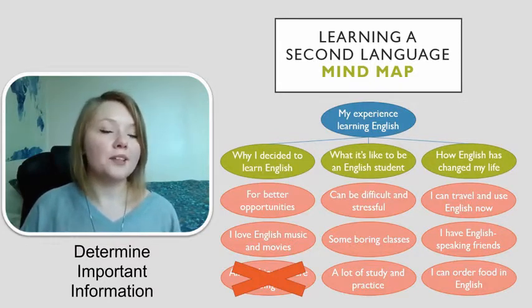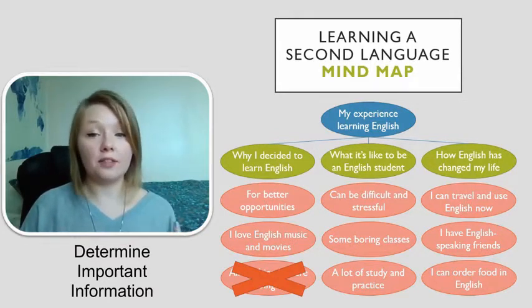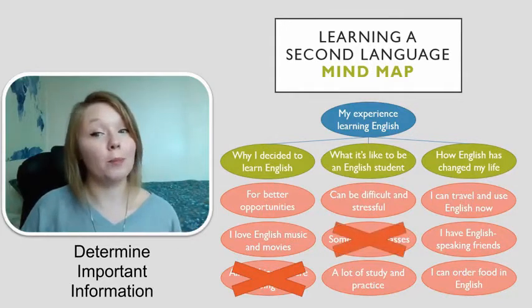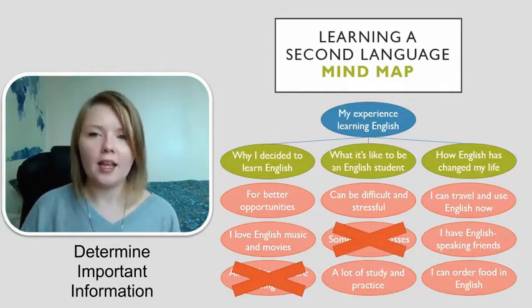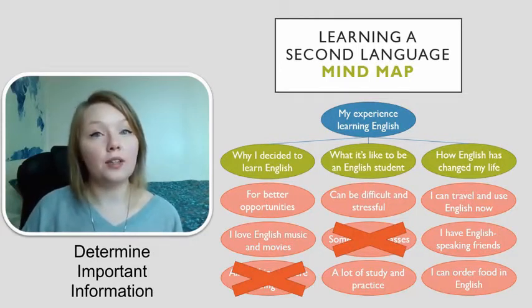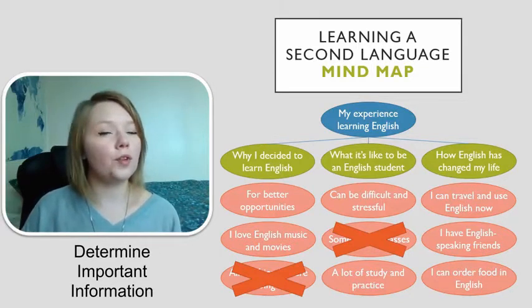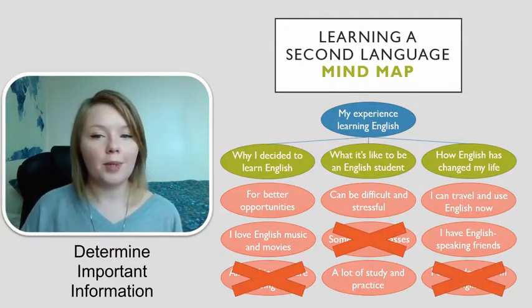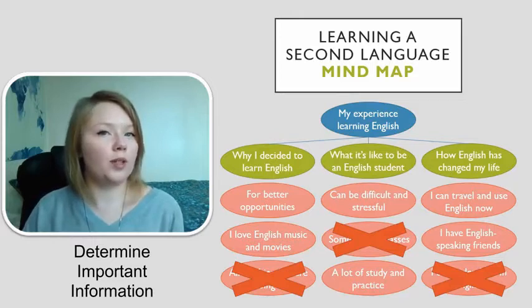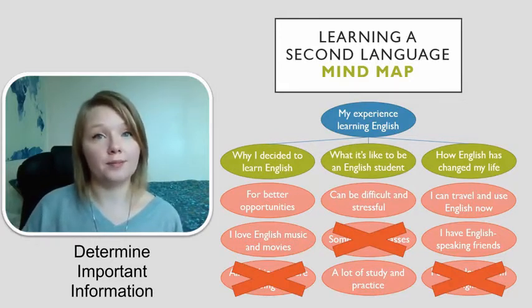Well, I want my presentation to be positive, so I will not talk about my boring classes. Finally, how English has changed my life. I can travel and use English. I have English-speaking friends, and I can order food in English. Maybe talking about ordering food in English is not so important.